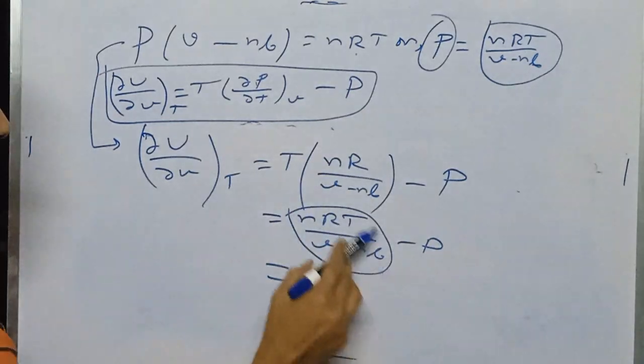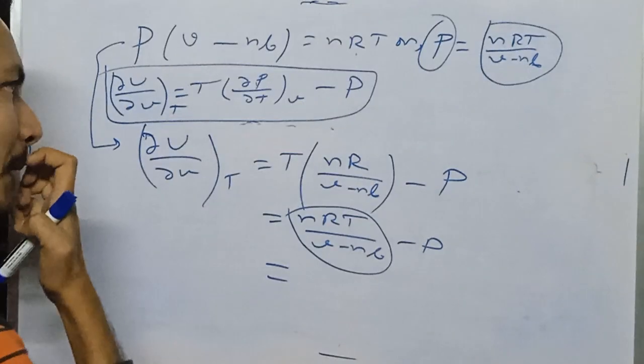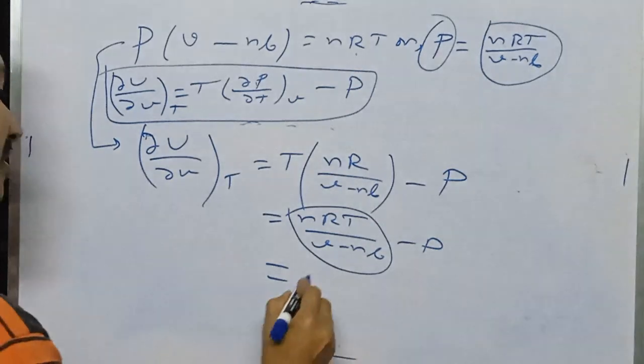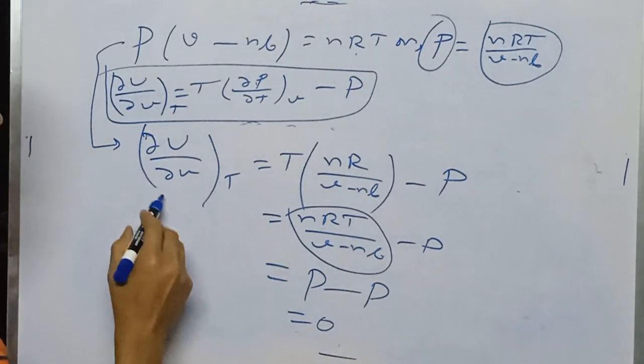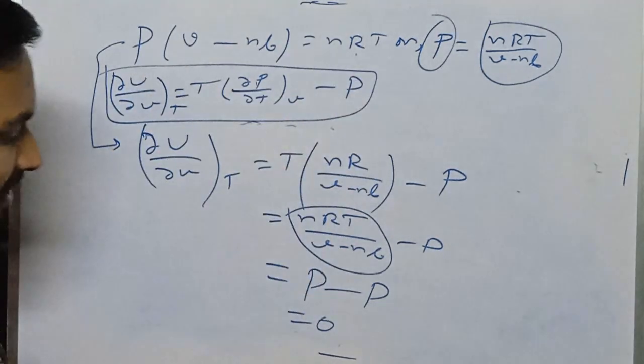So here in place of nRT by V minus nb, we may write P, and P minus P gives 0. So the value of del U del Vt in this gas is 0.